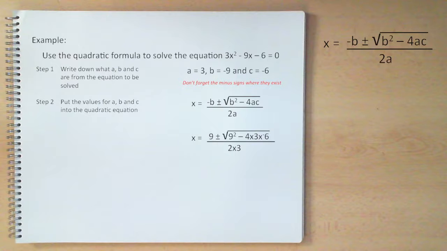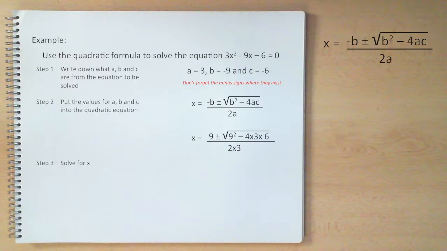So minus 9 goes in first, then that makes a plus 9, and it's plus or minus the square root of 9 squared, minus 4 times 3 times minus 6, all over 2 times 3.